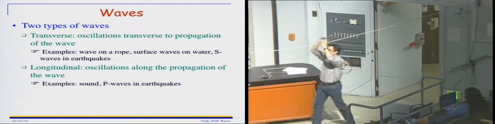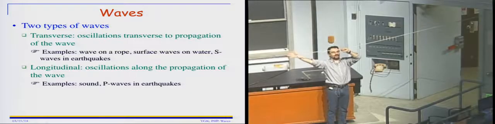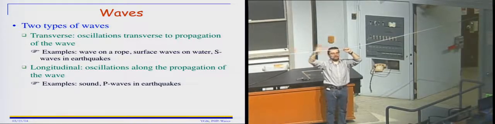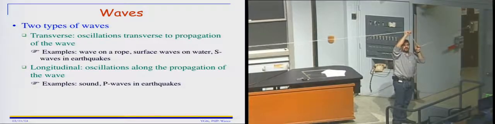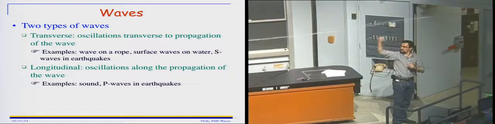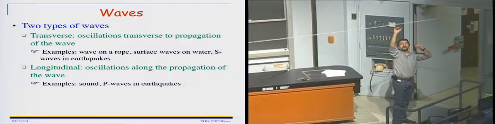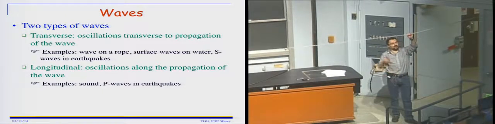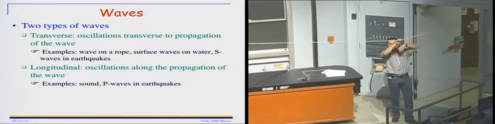If you look at how each individual piece of string oscillates or propagates, does it move to the right with this velocity of many meters per second? If I look at how the wave will propagate to the right, I make a displacement on the left side of the string and I let it go. We see the oscillation move back and forth. But at the same time, each piece of the string isn't moving to the right or to the left. Each piece of the string is only oscillating roughly in its place, but is going up and down.